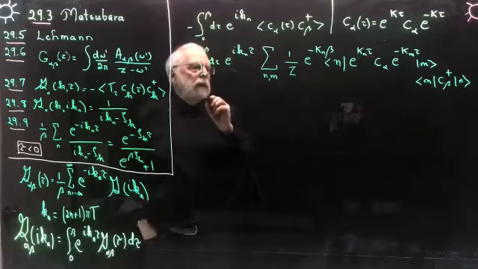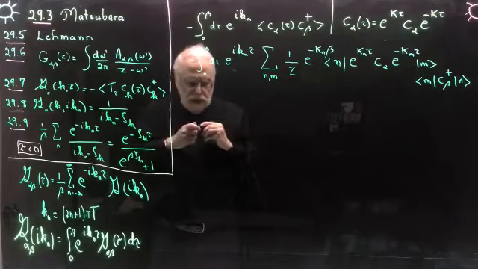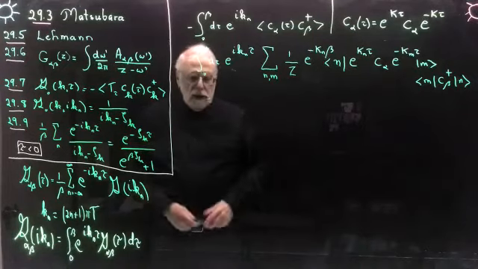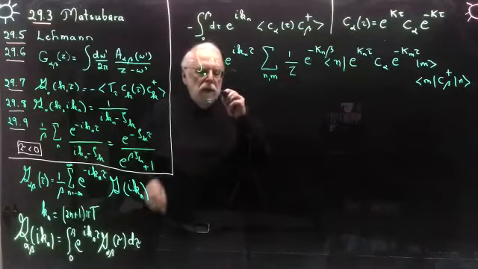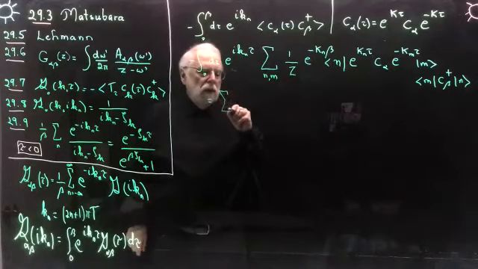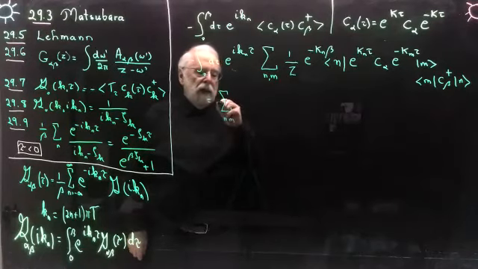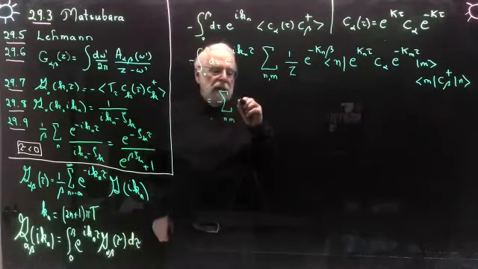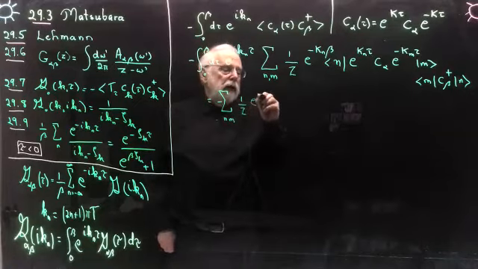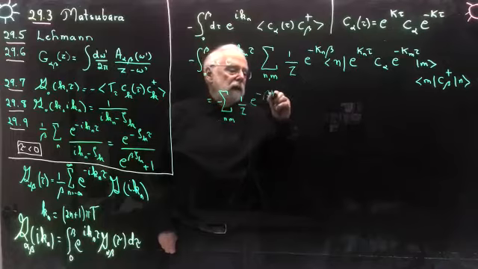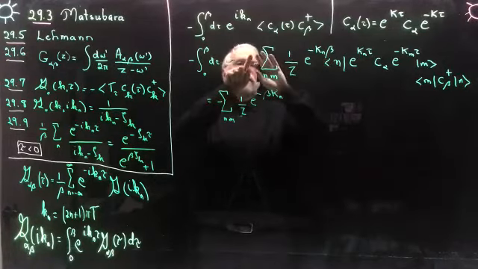So I'm left with sum over n, m. I have a minus sign. I have 1 over Z times e to the minus beta K_n. That's it. And then I have the integral over tau.